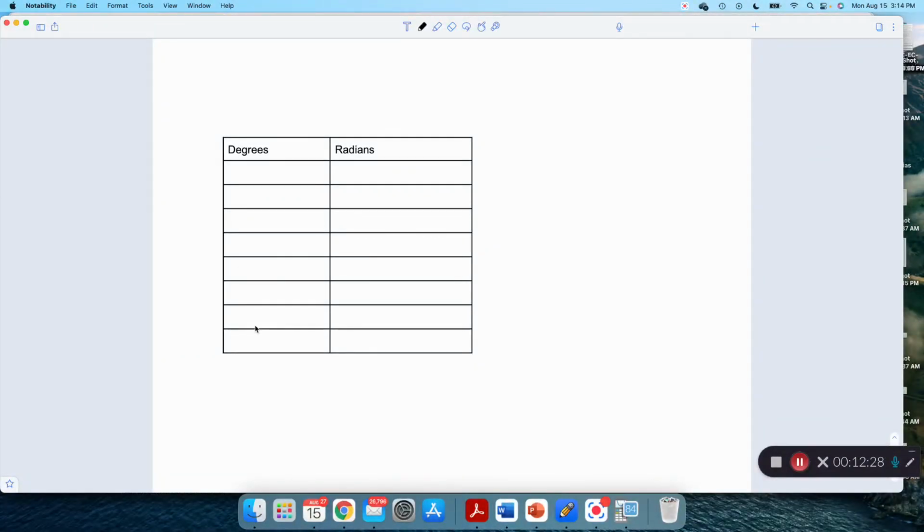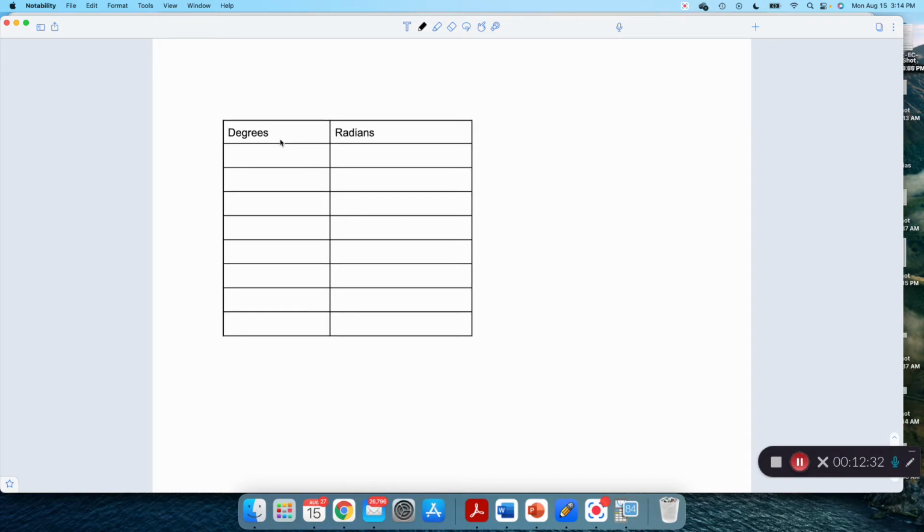Okay, let's make this table here where we're going to convert a bunch of important angles into radians. So these will be 0 degrees, 30, 45, 60, 90, 180, 270 degrees, and 360 degrees.